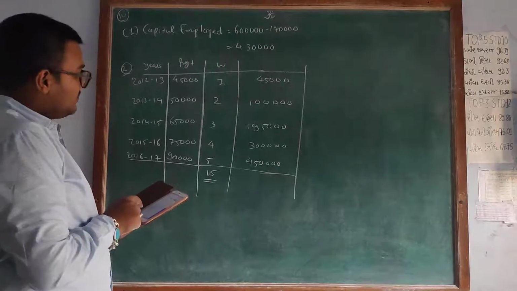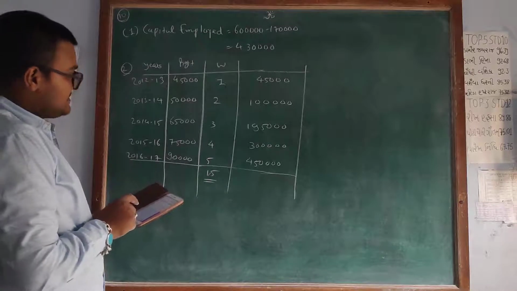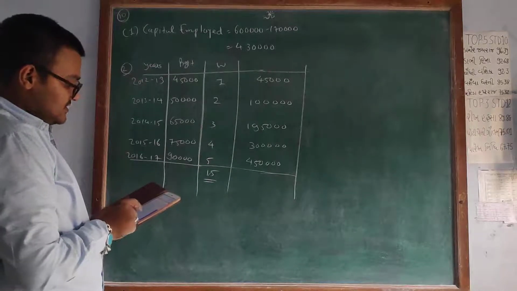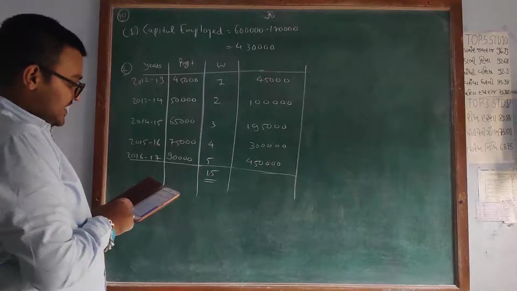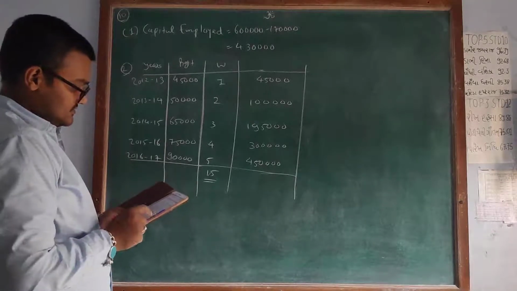Total: 45,000 plus 1 lakh plus 1,95,000 plus 3 lakhs plus 4,50,000.